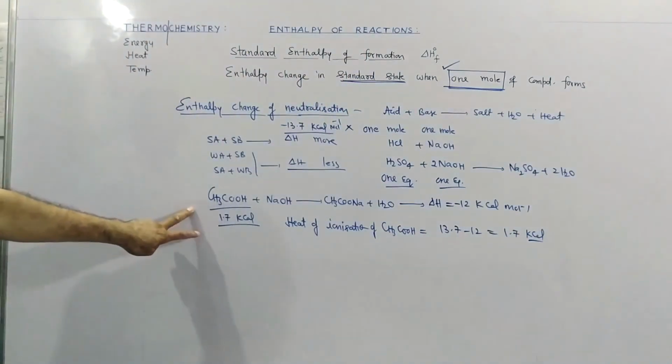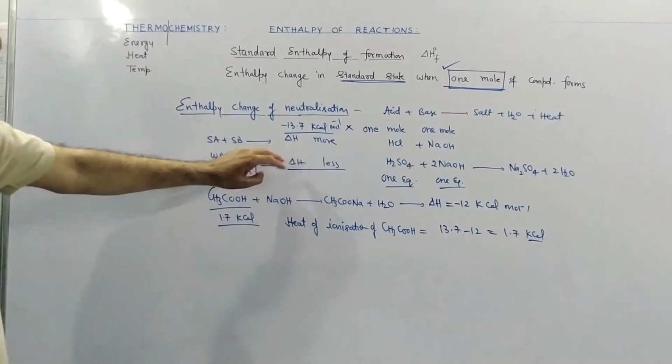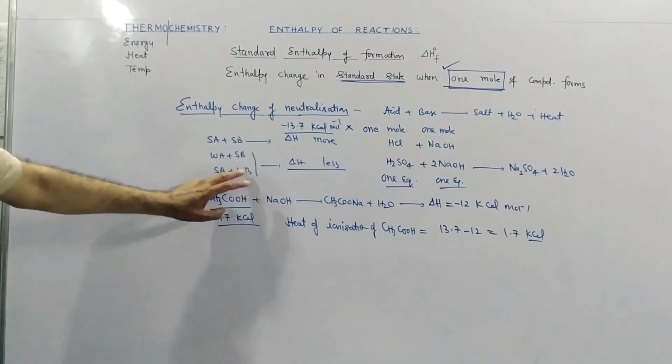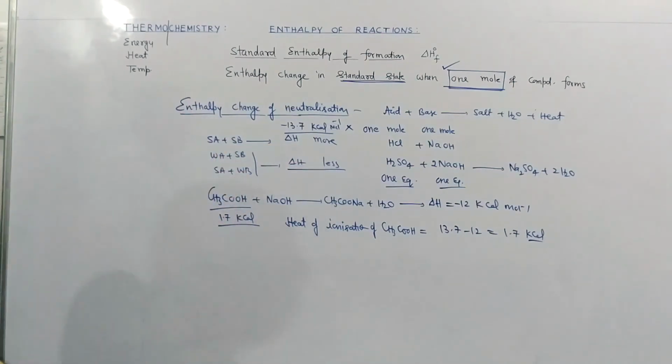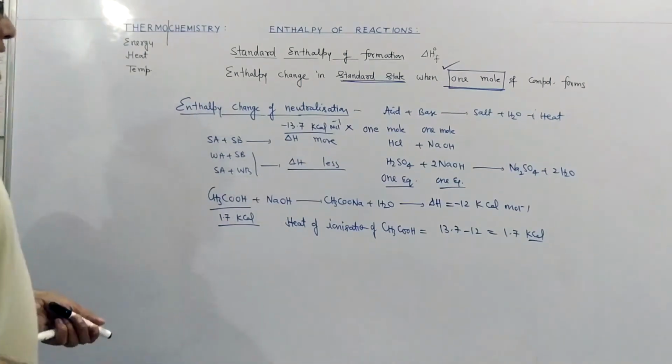So always remember, if you have strong acid and strong base, heat released is more. If either the acid is weak or the base is weak, then heat released will be less, and whatever difference comes, that will be taken as heat of ionization of the weak acid or weak base. I hope this part is clear to you.